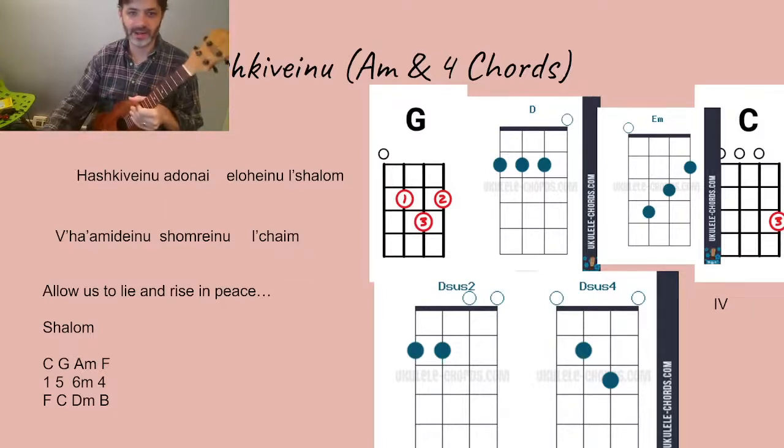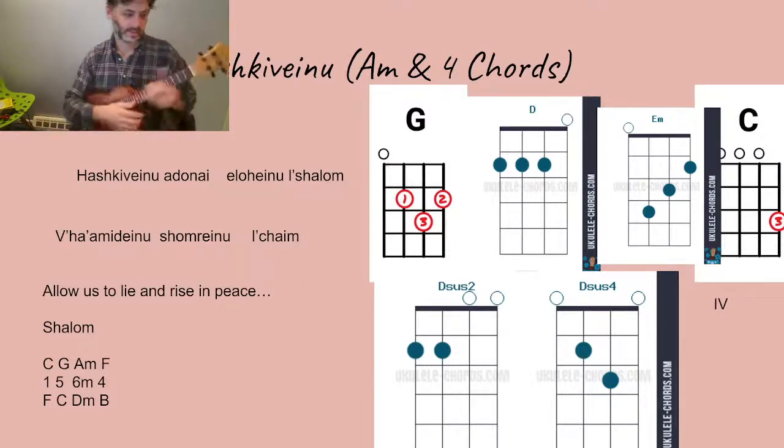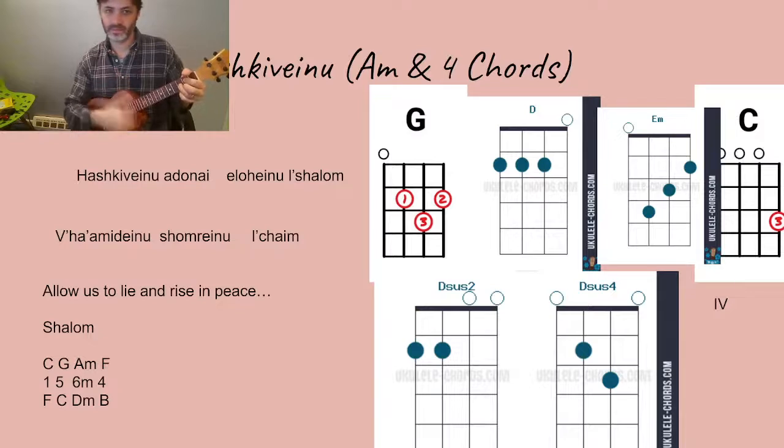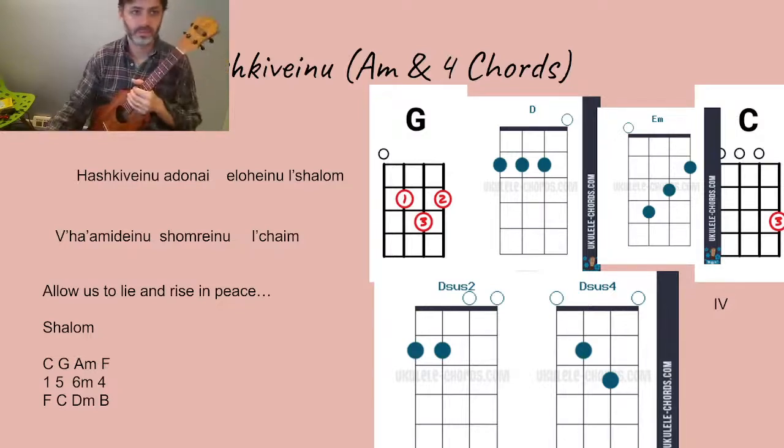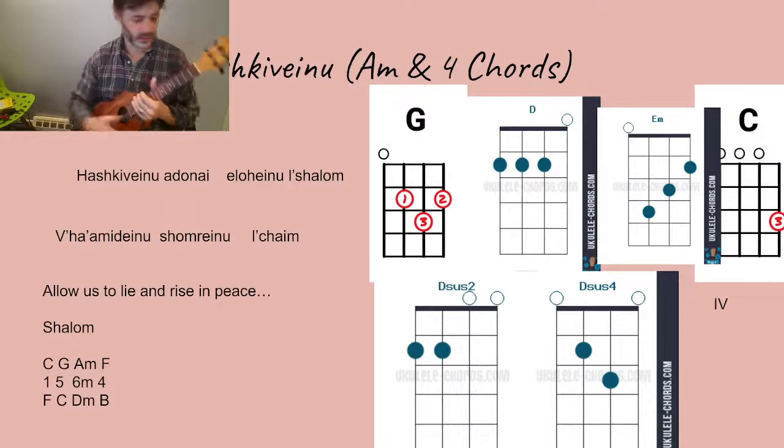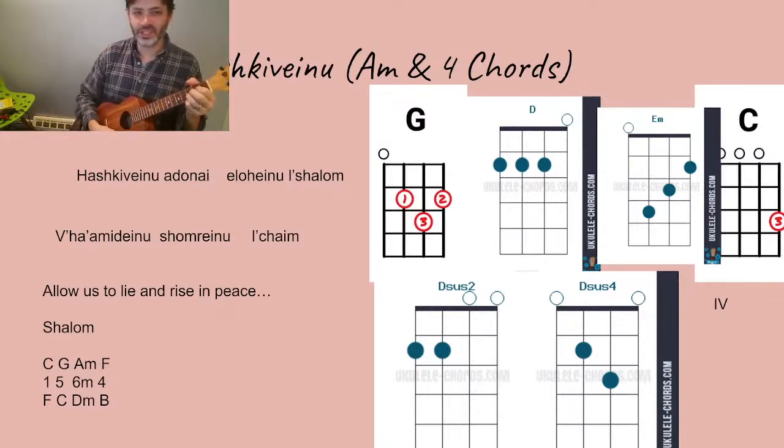So let's try playing this again. Isn't G sus4 the same thing? No, the G... So the D sus4 and the G sus2 are the same chord. You're right. No, sorry. The D sus4 and the G sus2 are the same chord.